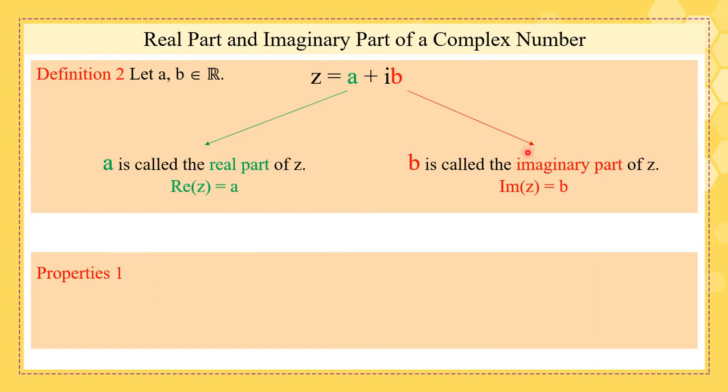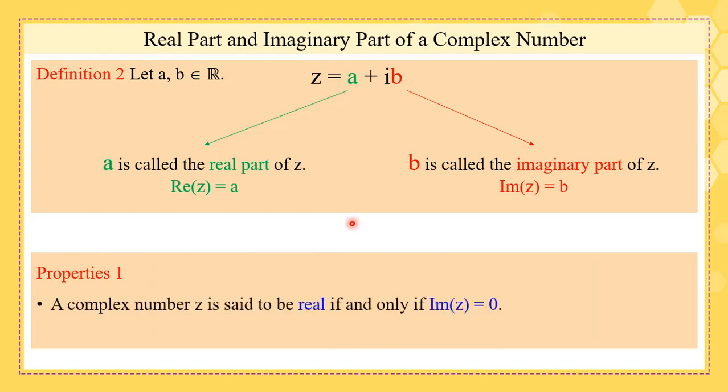Let's see the properties. A complex number z is said to be real if and only if its imaginary part is 0. If the imaginary part is 0, we're not going to have any i in the expression, so this number would be a real number.